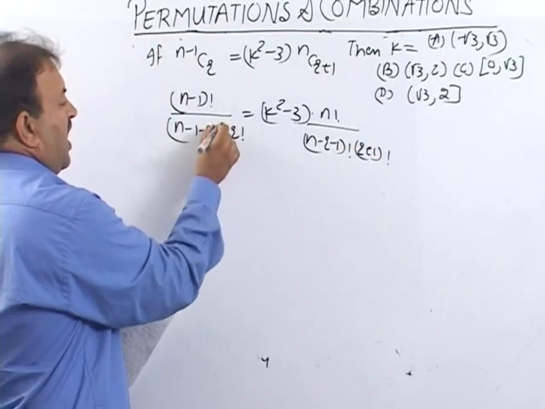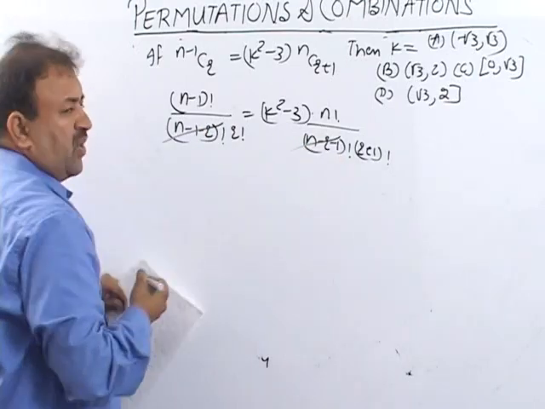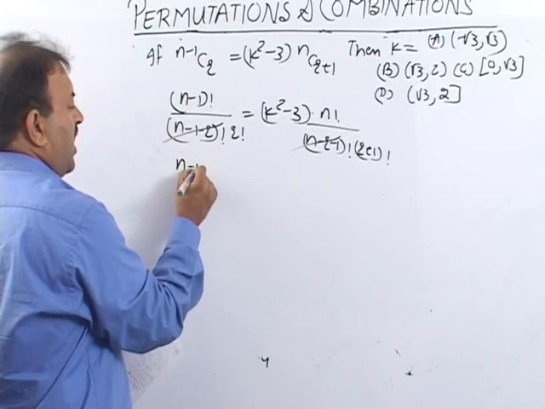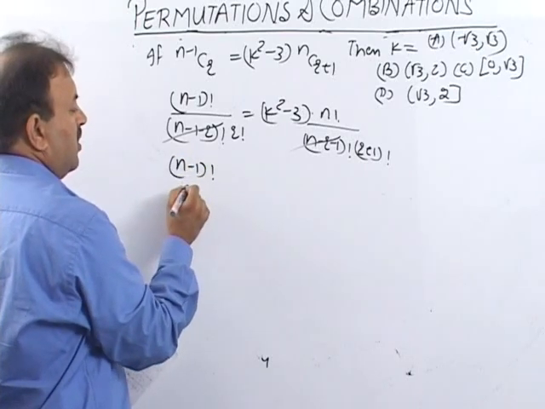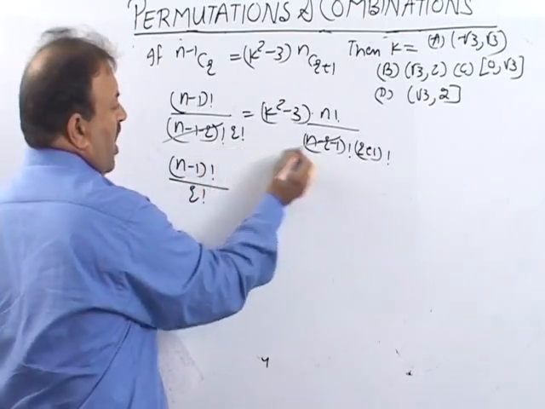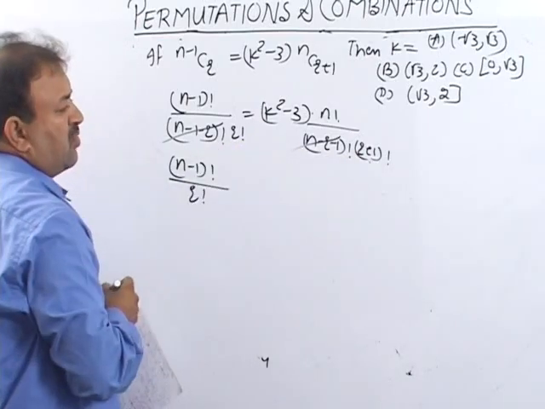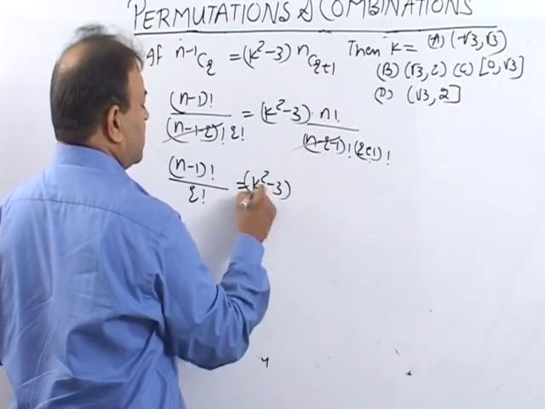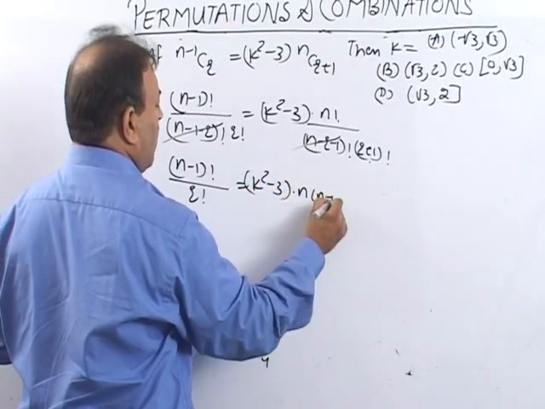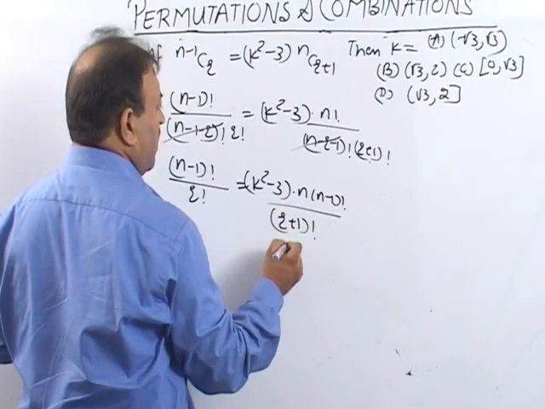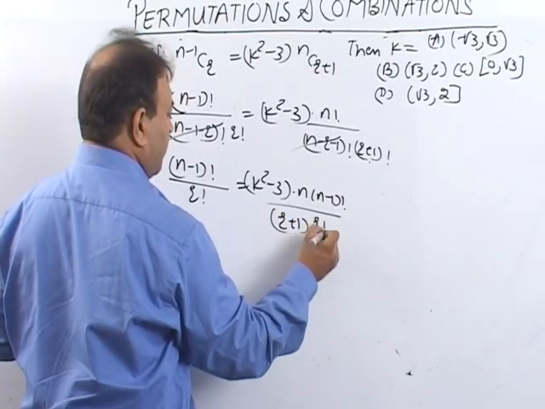See, I can say (n minus r minus 1) factorial cancel out with each other. We are left with (n minus 1) factorial upon r factorial, because greater say r plus 1 factorial, r plus 1 में से r plus 1 is a greater one. I can say (k square minus 3) n into (n minus 1) factorial. This is (r plus 1) into r factorial.